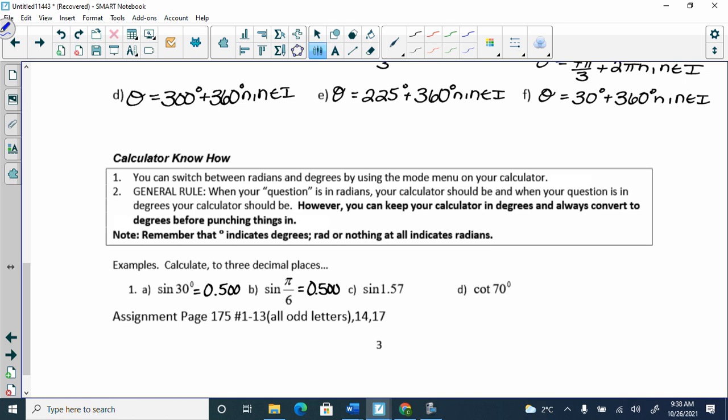Sine of 1.57, what's that? 1.000? Why? Well, yeah, 0.9999996. Yeah. But why? Okay, go pi divided by 2.